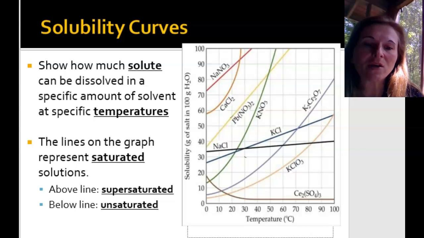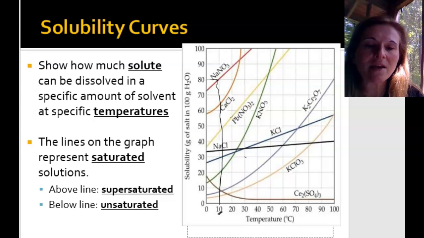And so we go down here to the bottom and we see 10 degrees Celsius. As we go up, let's go up here to sodium nitrate. At 10 degrees Celsius, water can hold 80, because we make this connection between 10 degrees Celsius and 80.